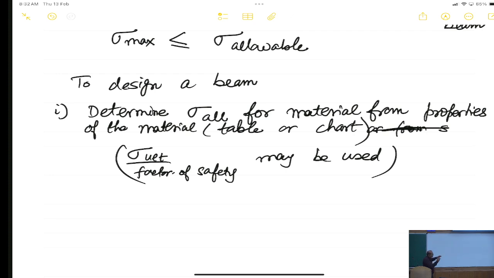If the ultimate sigma is given for a material, then you may divide it by a factor of safety to get sigma allowable, because that is just to have an extra margin.